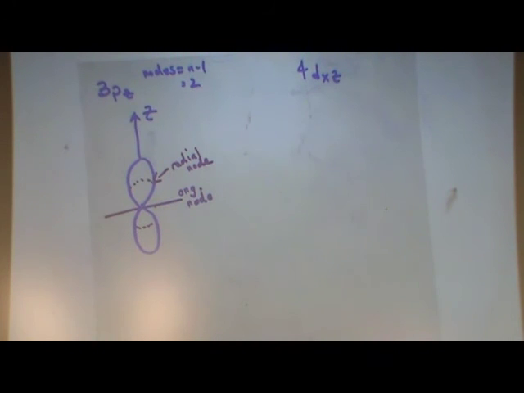So 2 nodes. Every p orbital will have how many angular nodes? 1. Every s orbital has how many angular nodes? 0. Every d orbital has how many angular nodes? 2. If there are any additional nodes on top of the angular nodes, then they're radial.